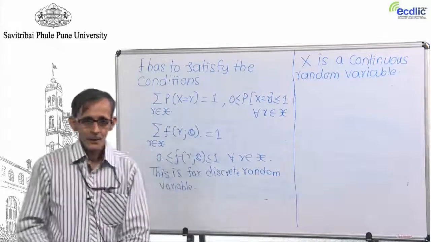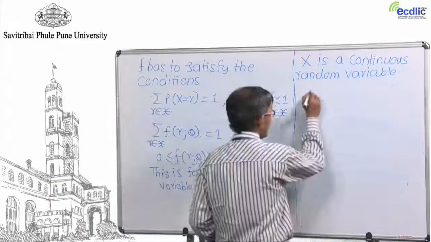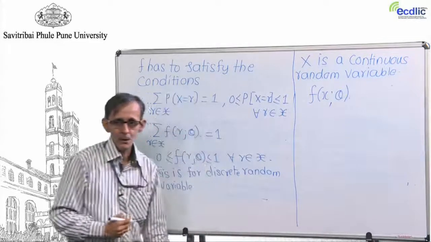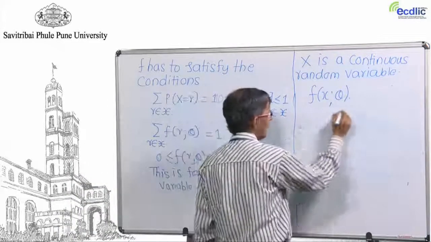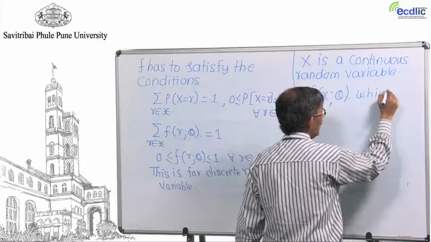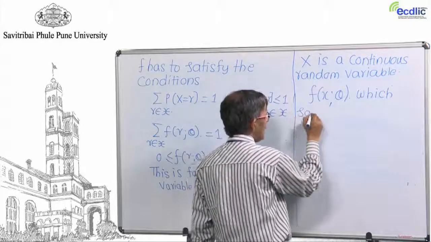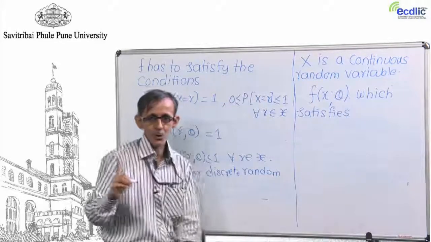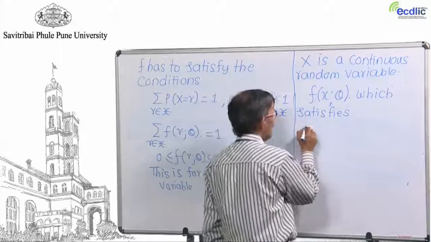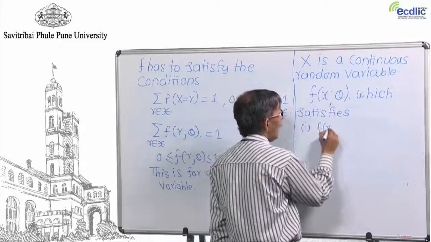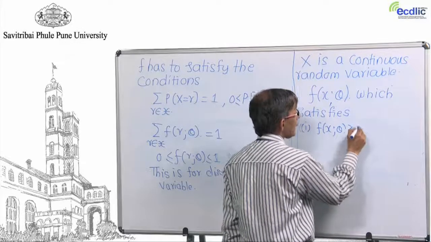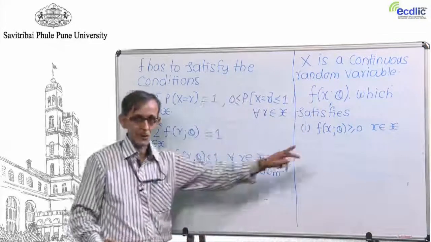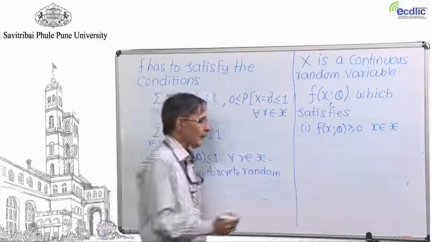So, the meaning of the story is that you need to deal with this particular thing. Now, here you find f(x, theta) which satisfies two conditions. First, it is greater than or equal to 0 for every x in X. I will come back to the interpretation of this in a minute.